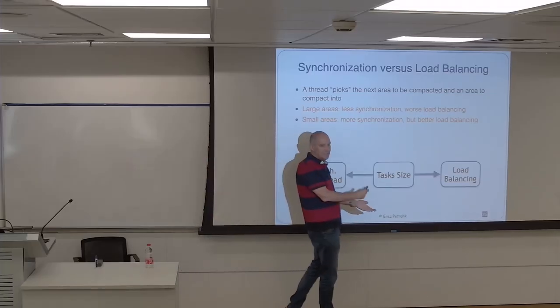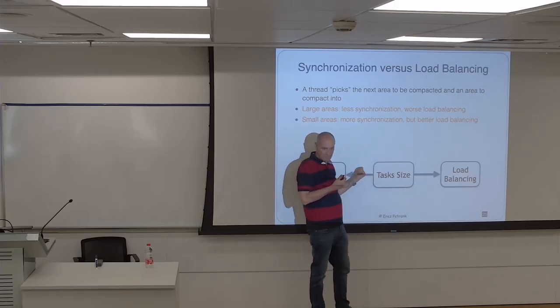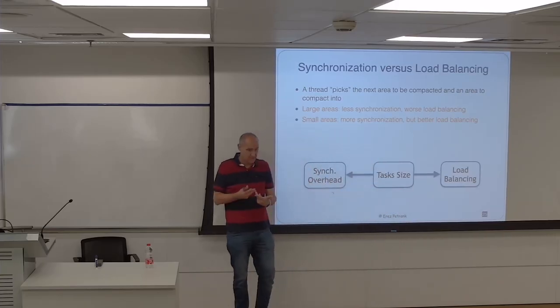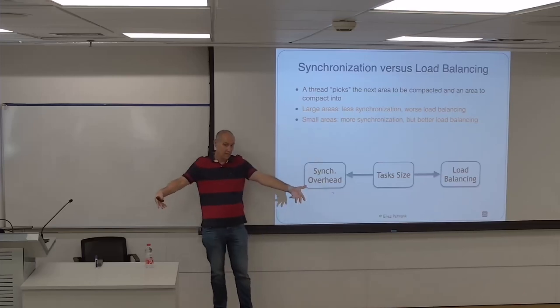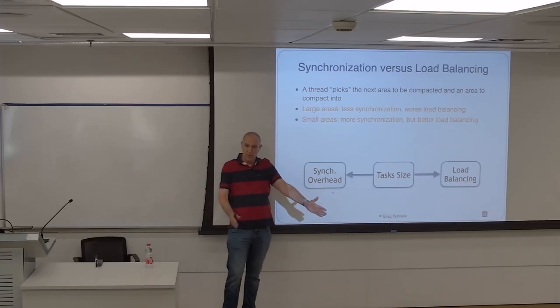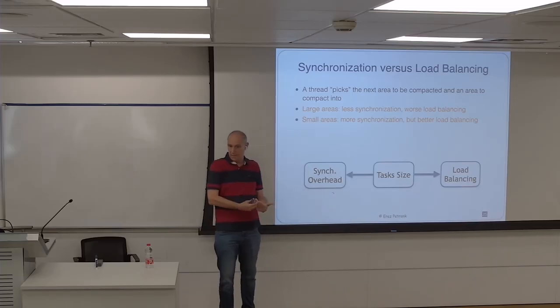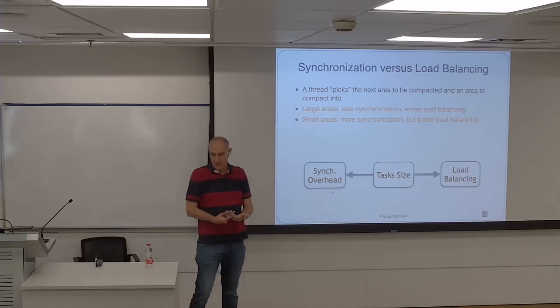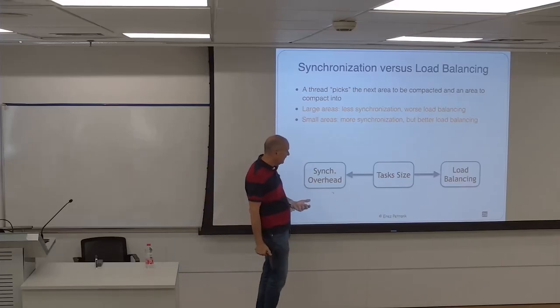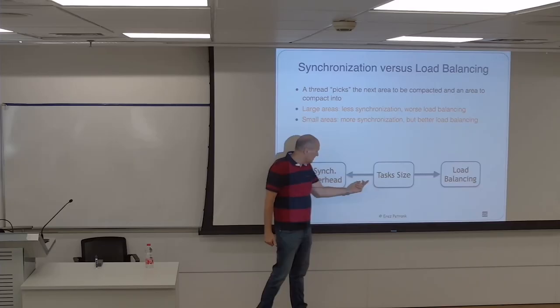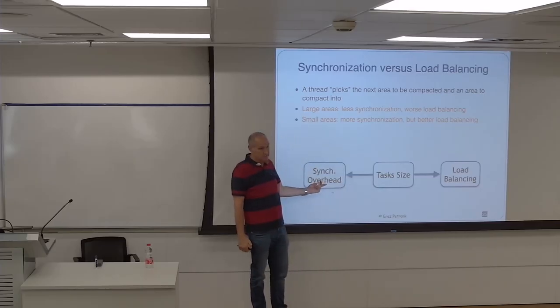Shortly after that, I need to get another area, and then I have to synchronize again. Then there's lots of synchronization. But if I have large areas, I synchronize to get the area, and then I work for a long time until I need to synchronize again to get the next area. So synchronization depends on the size of the area. If the area size is large, then synchronization overhead is small.